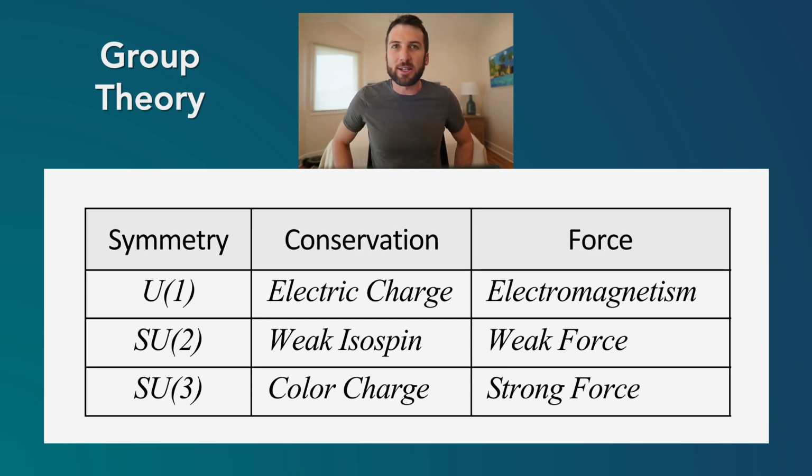These are very fundamental aspects used in physics. The SU2 group, the weak isospin, the weak force, SU3, the strong force. So regardless of how it's shaped or whatever, there are these deep intrinsic symmetries involved, in addition to those extrinsic symmetries leading to the conservation of momentum, linear and angular, as well as the conservation of energy.